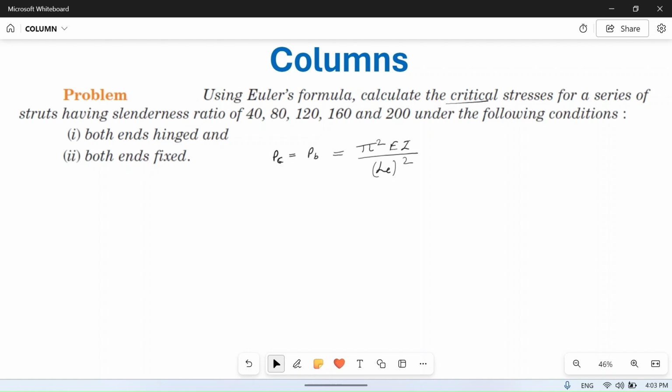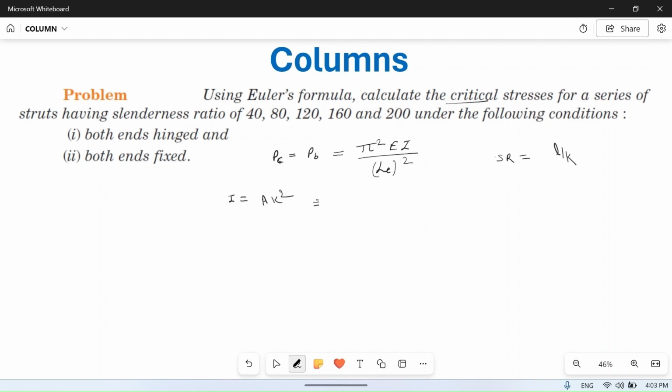Now if it is given as slenderness ratio, what is slenderness ratio? L by K, length by minimum radius of gyration. Where will we get L by K? In this equation there is no K, so how to insert K? You know that I, moment of inertia, is equal to area into radius of gyration square.